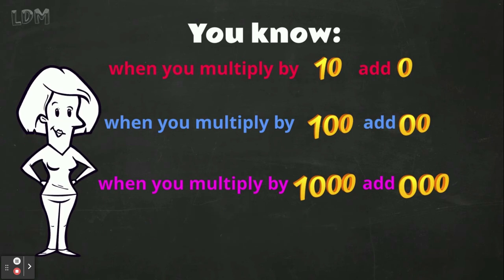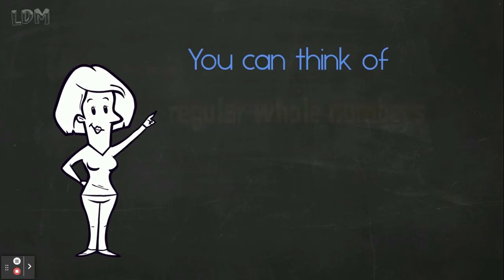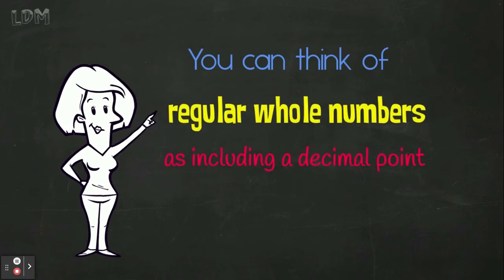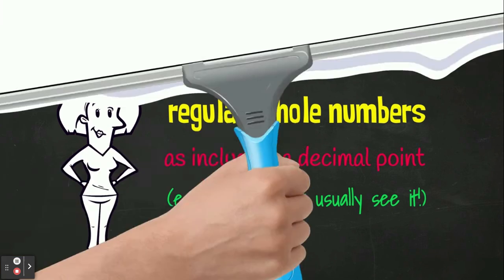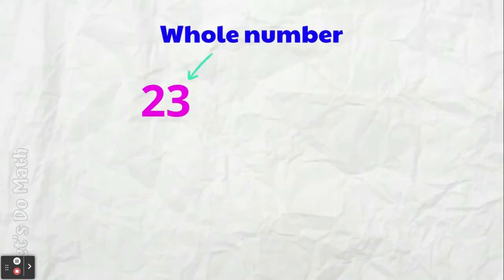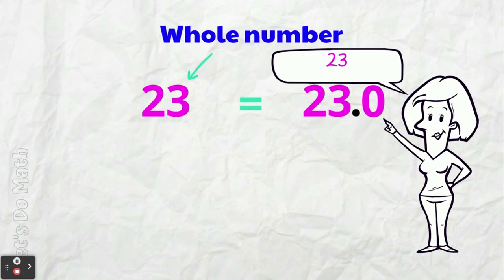Now let's see how that works when there's a decimal involved. You can think of regular whole numbers as including a decimal point, even if we don't usually see it. So 23 can also be thought of as 23.0. It's the same thing, it's just 23 and no fractional parts.